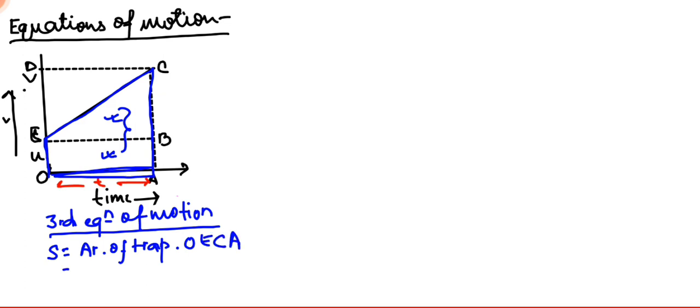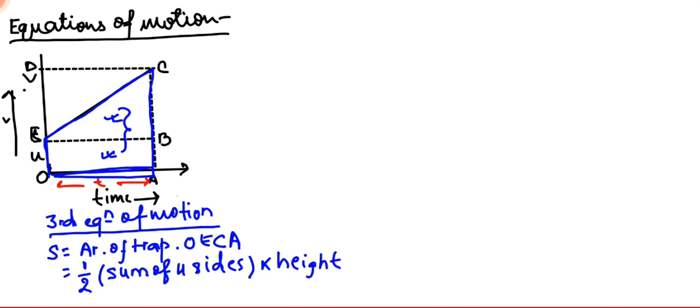Now we know the formula for the area of a trapezium. It is equal to 1 by 2 into the sum of parallel sides, multiplied by the distance between them, and that is the height.